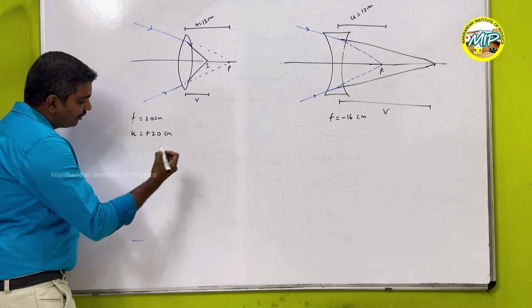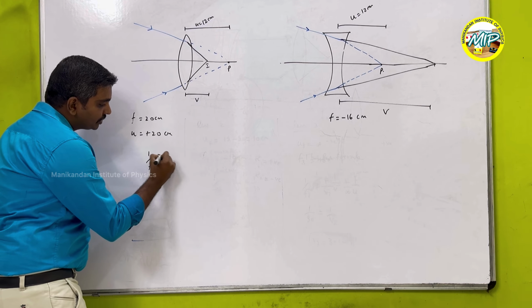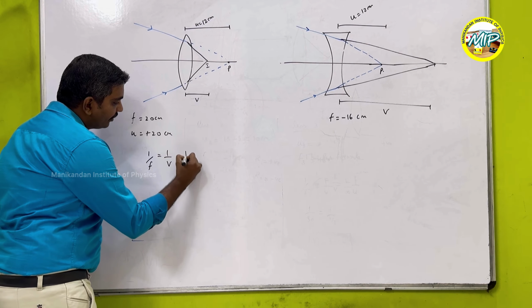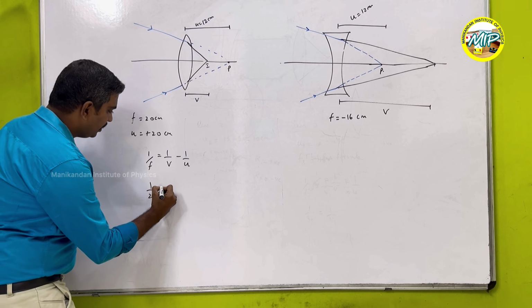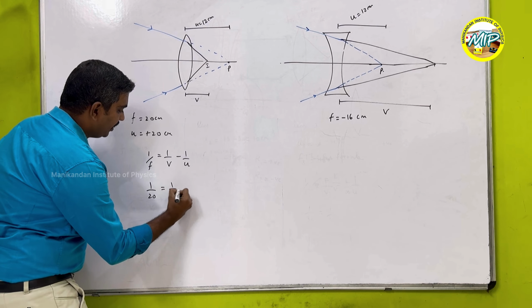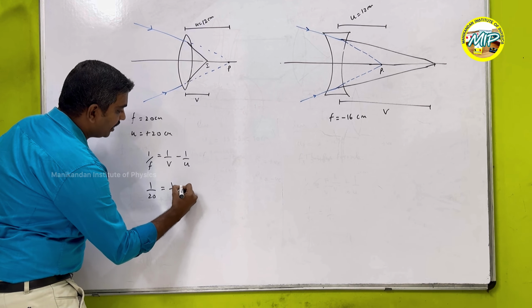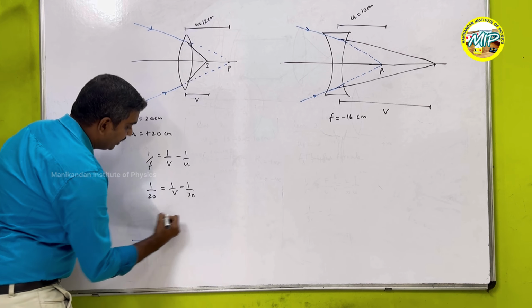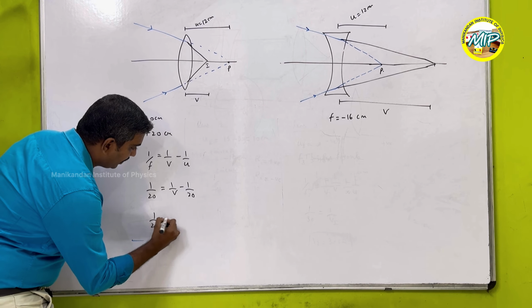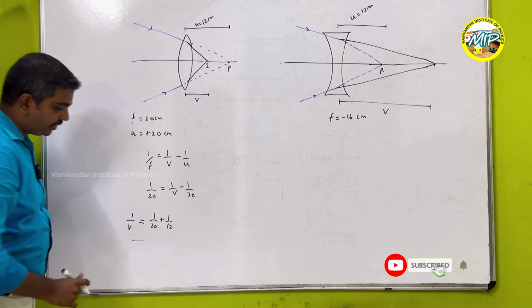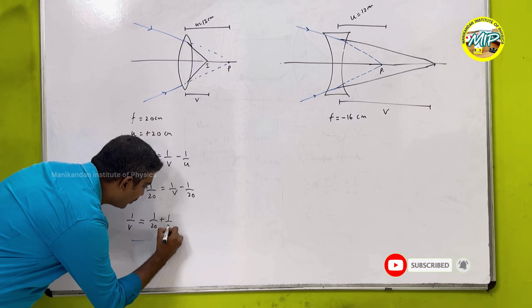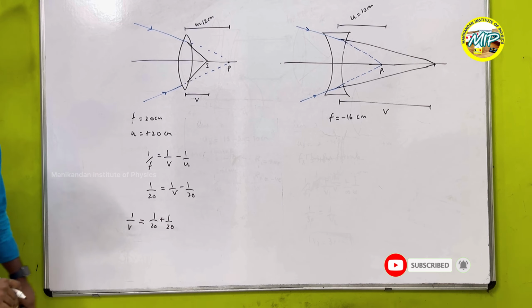After using the thin lens formula, 1 by F equals 1 by V minus 1 by U. So 1 by 20 equals 1 by V minus 1 by 20, so 1 by 20 plus 1 by 20 equals 1 by V. So sorry, this is going to be the 20 value.